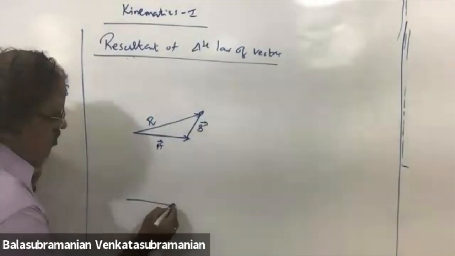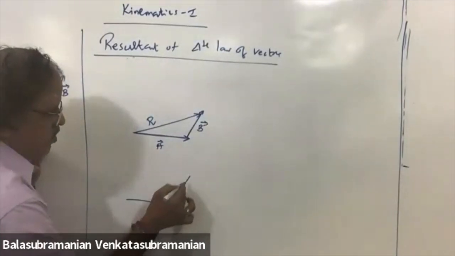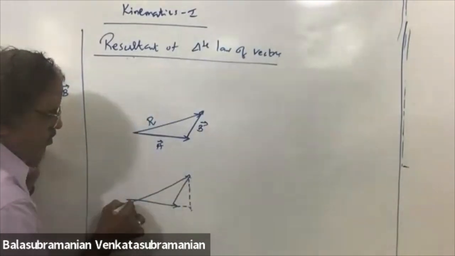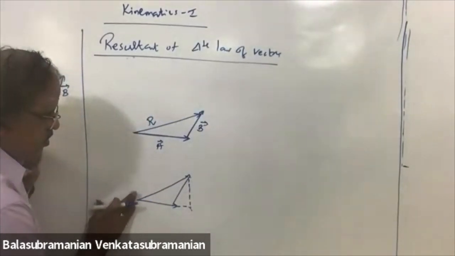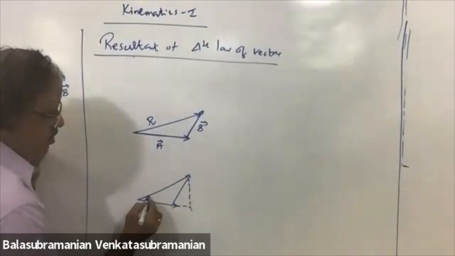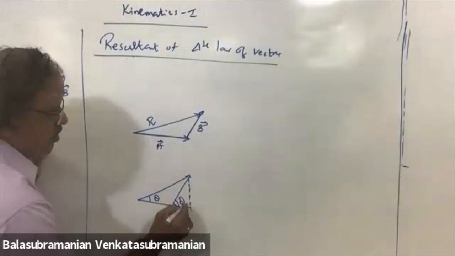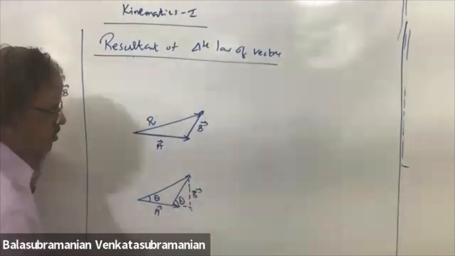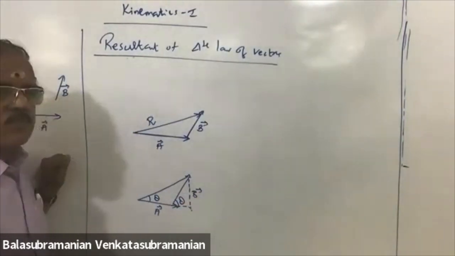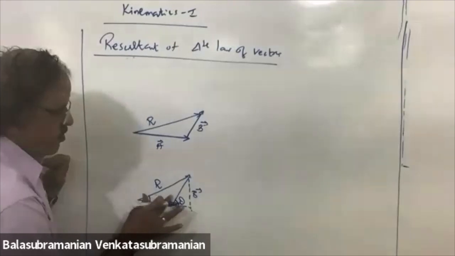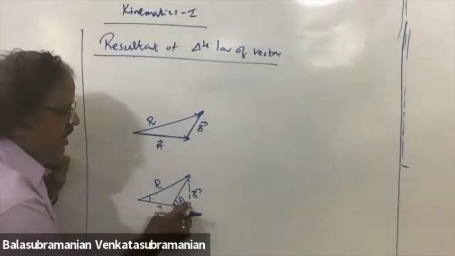So you drop a perpendicular. Take this as theta. The angle between A and B is theta.